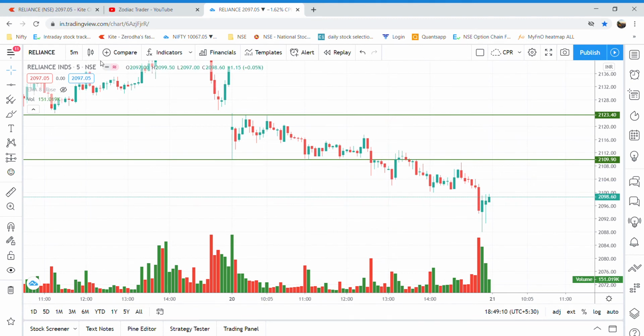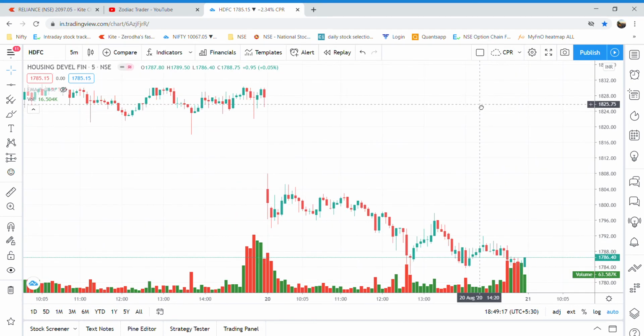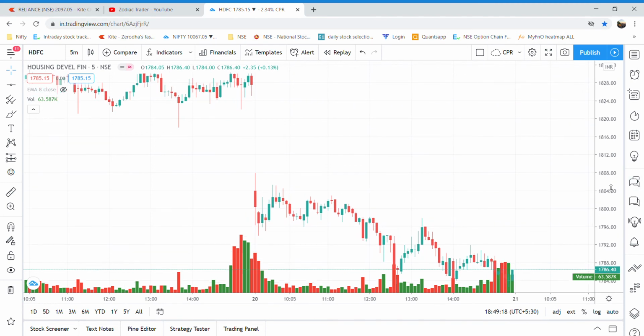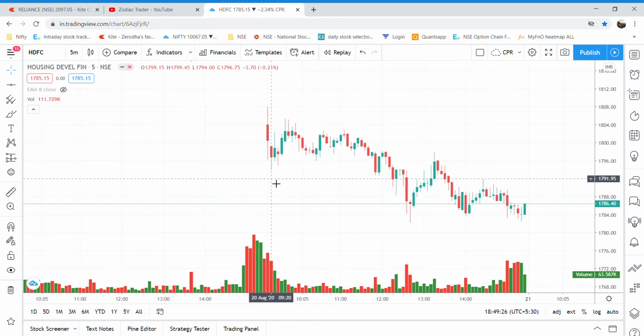Let's take another script, HDFC. This is the HDFC chart for the day, as you can see. Same technique: we look for two bullish and two bearish bars. Here in HDFC, the first and the second 5-minute bar have a lower low, a lower high and a lower close.